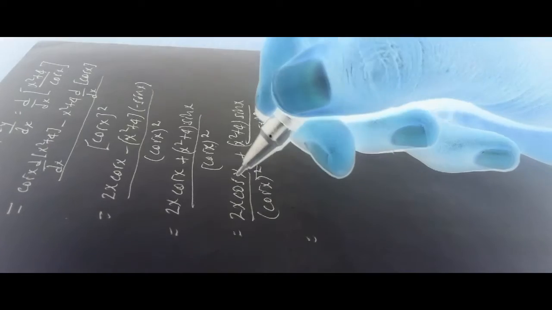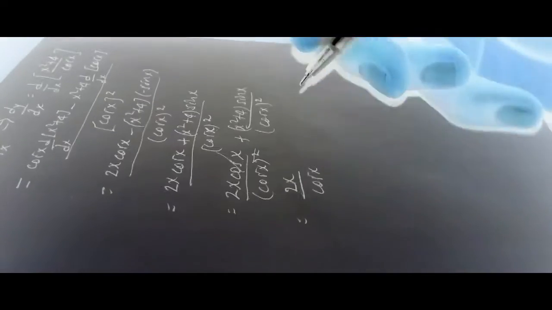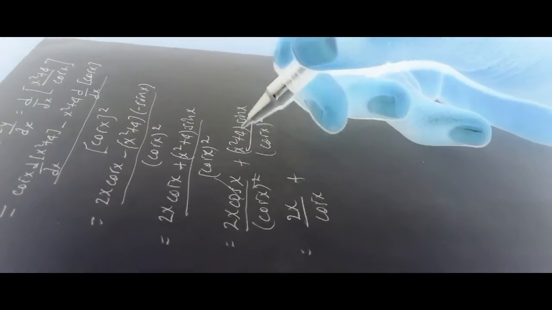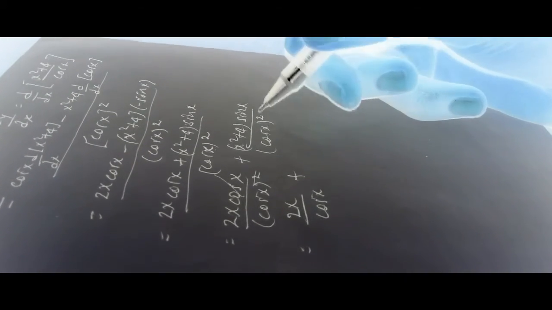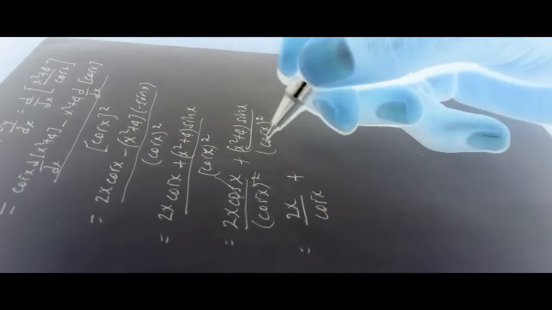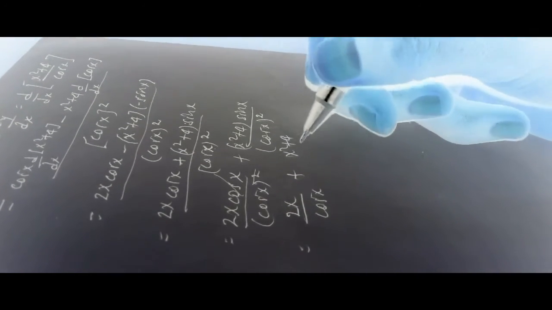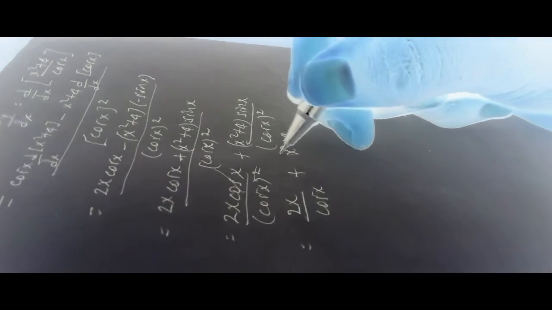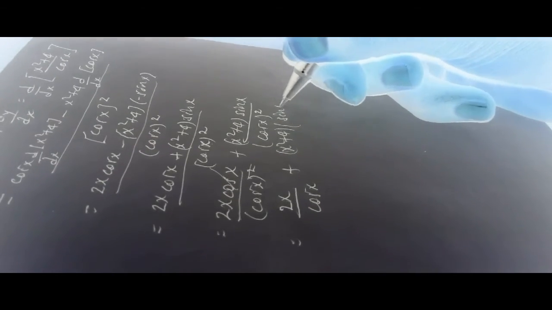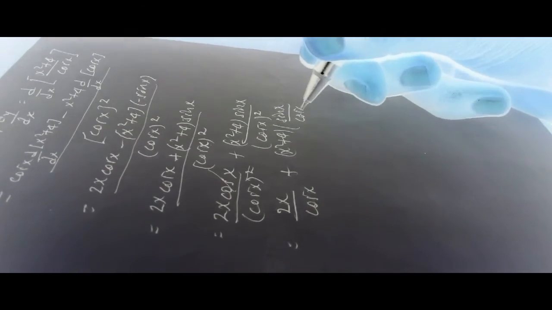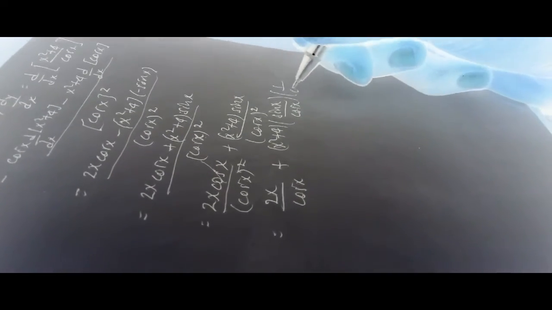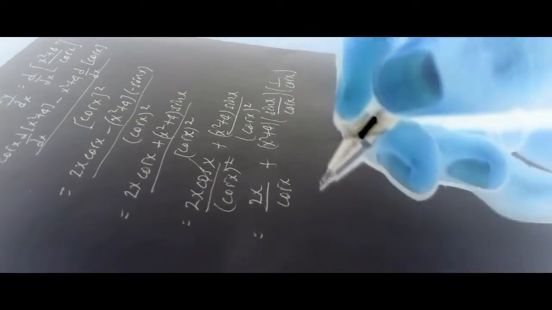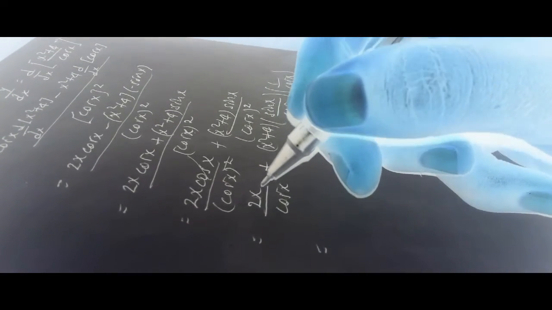Now one cos x cancels with the cos x in the numerator, and we get 2x over cos x plus (x squared plus 4) times sin x over cos x times 1 over cos x. We can rewrite it in such a way. As you remember, 1 over cos x is sec x.